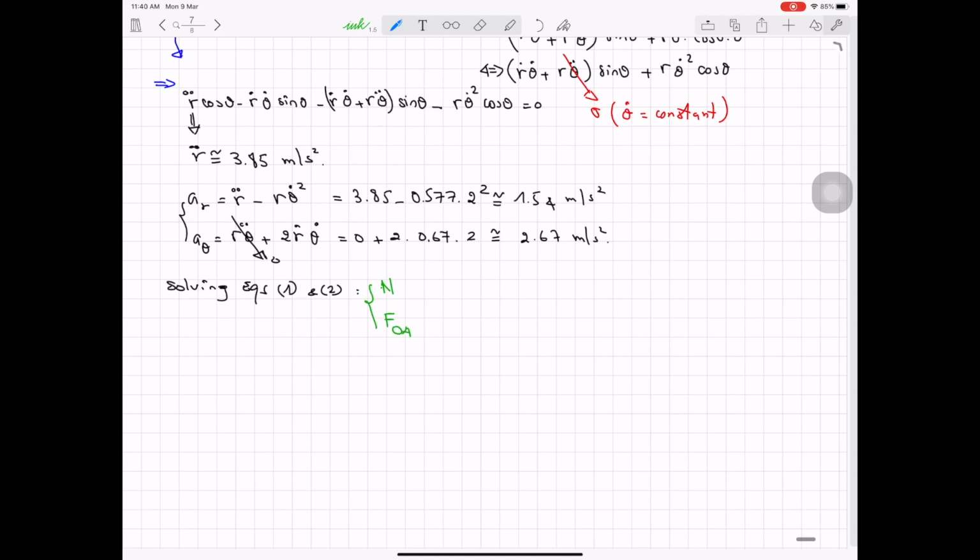Remember that we are looking only for FOA at the moment, but as a byproduct we also get the normal reaction force, N, approximately 3.72 newtons, and FOA, which is the force of the arm OA acting on the mass, approximately 7.44 newtons. And this concludes the solution to exercise number 3.